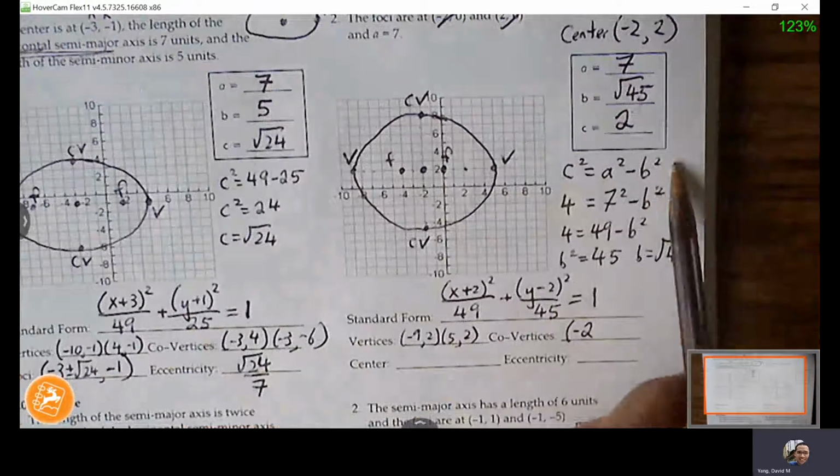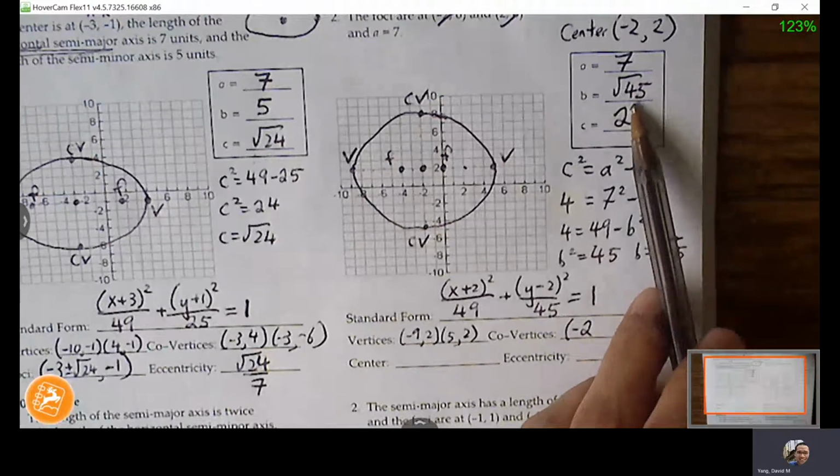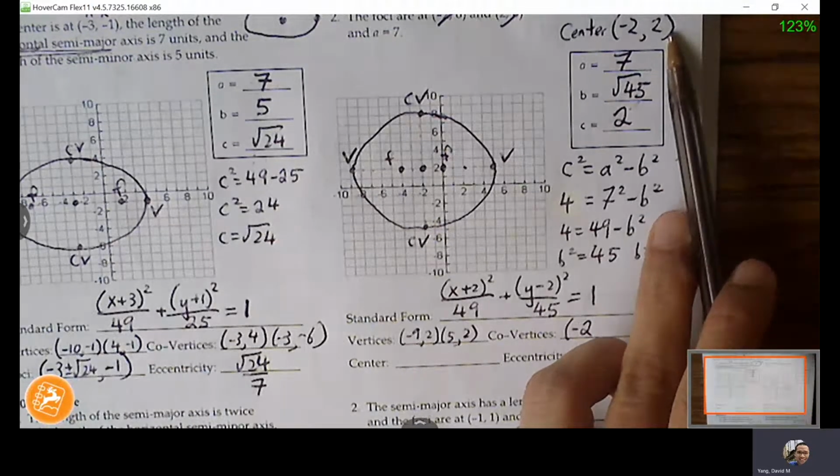I'm moving my B value up and down to get to my co-vertex, so I'll just attach that B value to the Y of my center.